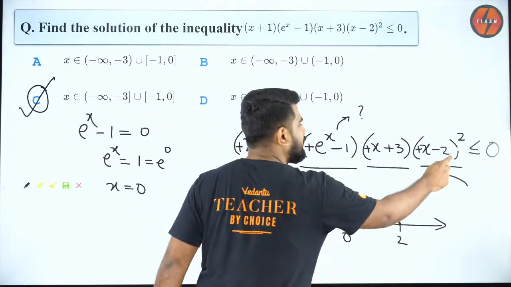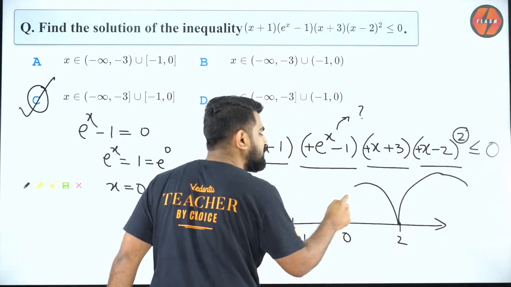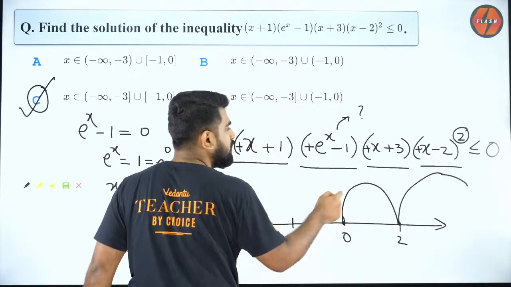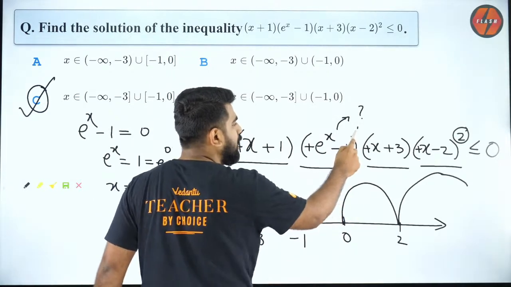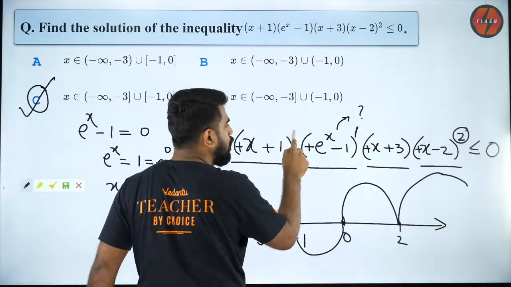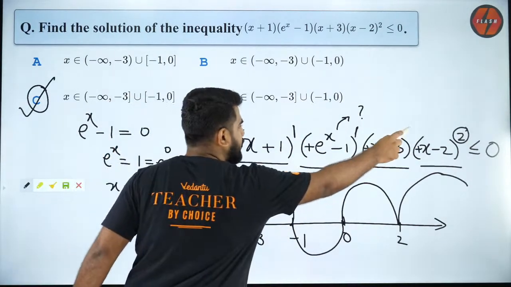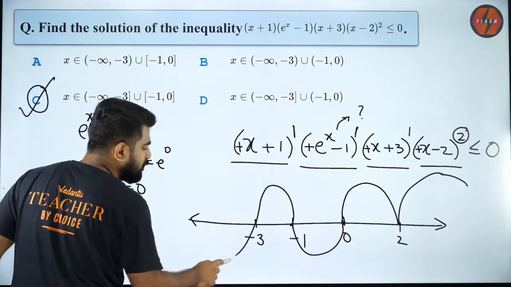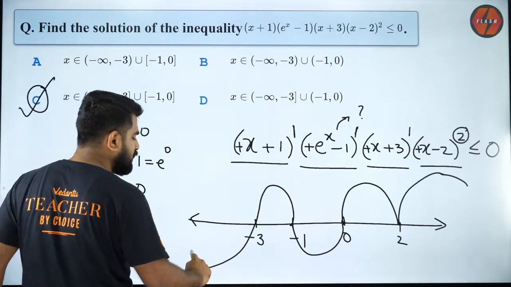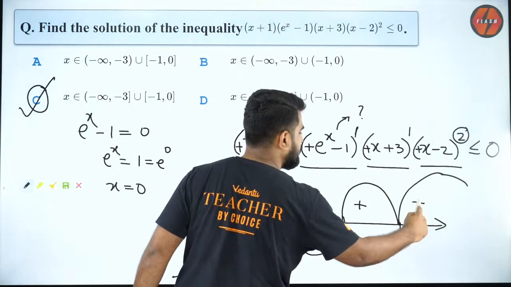If the factor has even power, it jumps back to the same side. If it has odd power, it goes to the other side. The next one has odd power, so it goes to the other side. The next one again has odd power, so it comes to the other side. So this is minus, this is plus, this is minus, this is plus, this is plus.